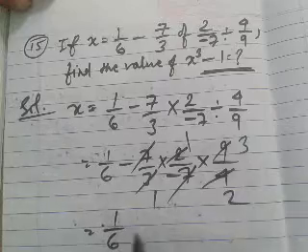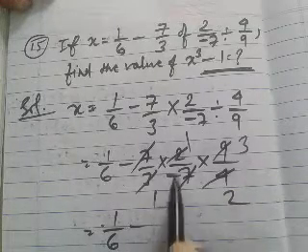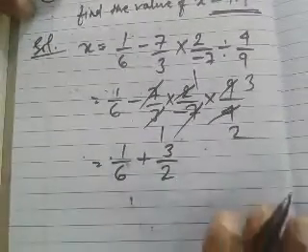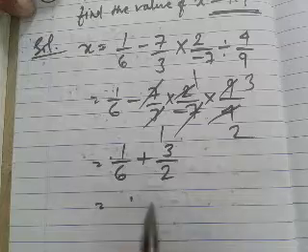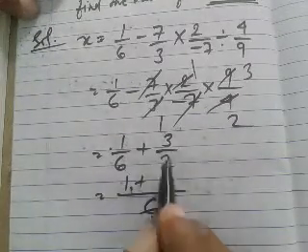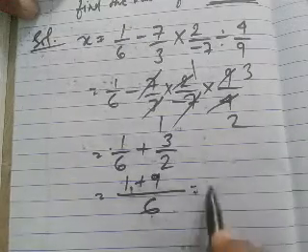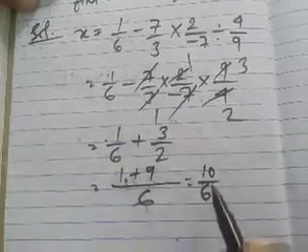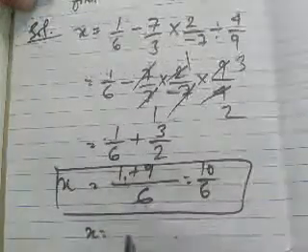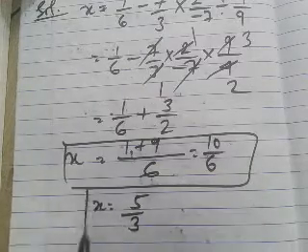And 1 by 6 minus, and minus will give plus 3 by 2. LCM is 6: 1 sixes are 6, 2 threes are 6, 3 threes are 9. So 10 upon 6 is the value of x in this question, and the final value you can write, x is 5 upon 3 here.